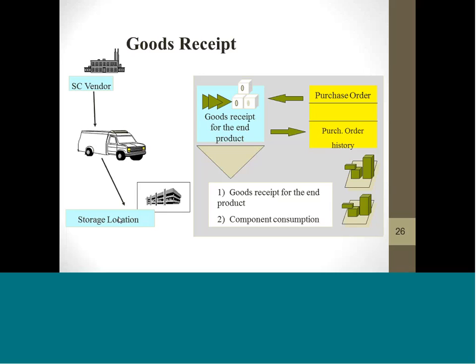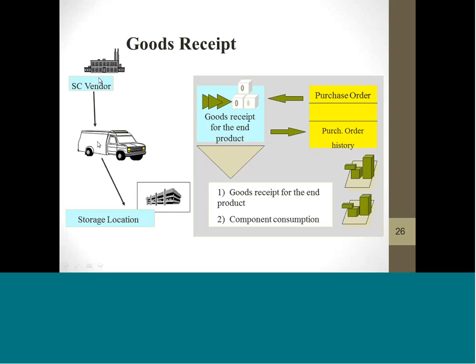Another storage location is a small shop in my plant where I keep small materials like nuts and bolts. I have another storage location for machinery tools, like spanners. Those things I store in another storage. The storage location is a small unit within the plant where materials are stored.